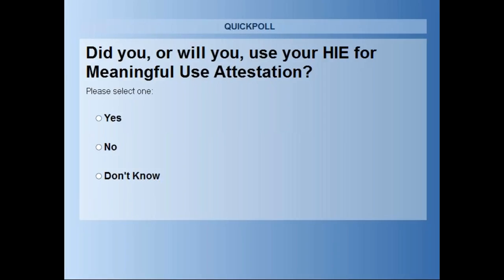Okay, so far a good number using it for their meaningful use attestation. We'll just go a few more seconds if there are any last-minute voters here. We're preparing you for November.